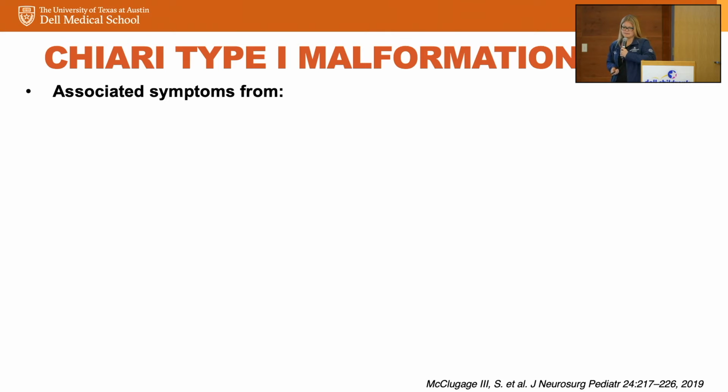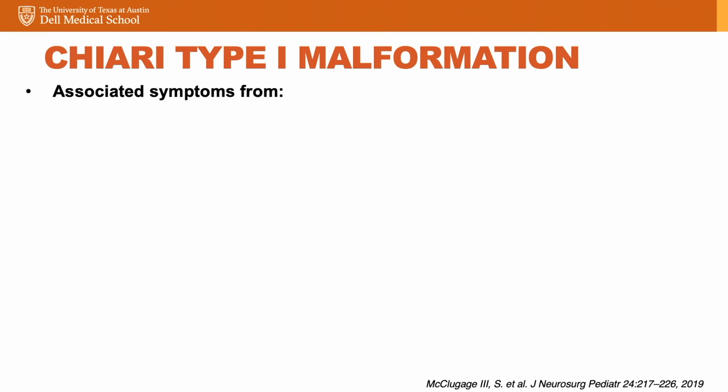Now, going back to the Chiari type 1 malformation, which is the more common one that we're going to find, the symptoms are associated with three major things. First, CSF obstruction at the craniocervical junction, which will give you that typical Valsalva-induced occipital or upper cervical headache, and symptoms similar to hydrocephalus, like any intracranial pressure symptoms, nausea, and sometimes vomiting.